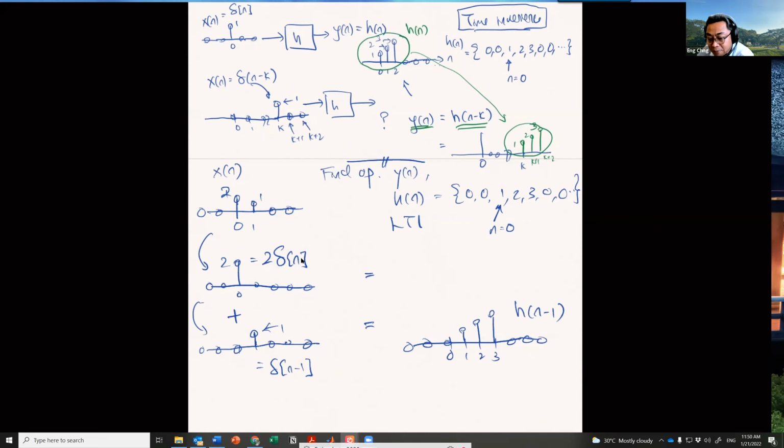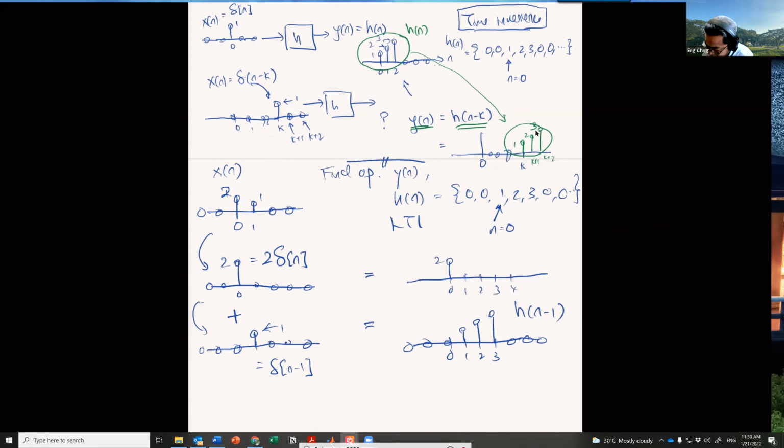What about this guy? Remember, I can send my impulse and I'll get exactly 1, 2, 3. But since I scale my input by 2 and the system is linear, it uses the homogeneity principle. So 2 will multiply the sequence 1, 2, 3. Therefore, this guy will be, at time 0, it'll be 2.